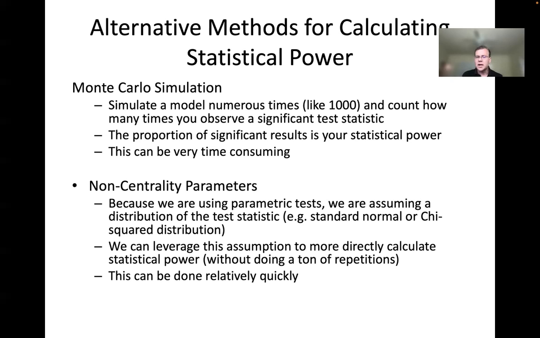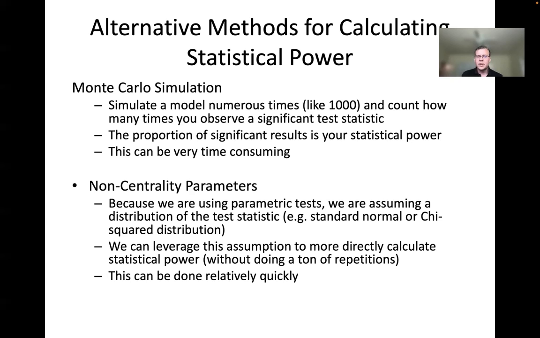The proportion of times you get this significant result is your statistical power. It's pretty simple to do. The downside is it can be very time consuming. Also, with models that are complex, this can take a lot of time, and you can end up with a lot of model failures that may or may not affect your statistical power.